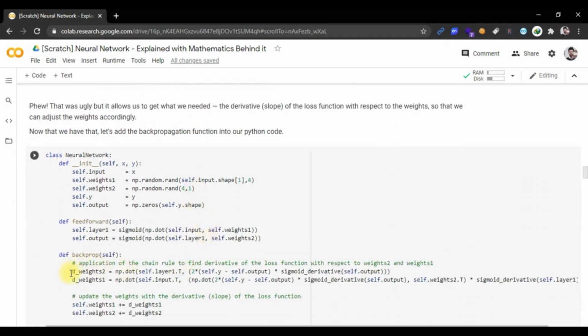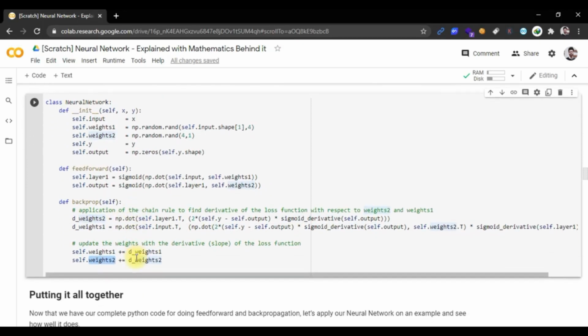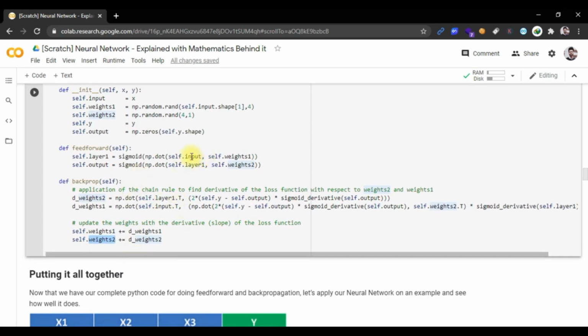Like here, the way to update is by this: it has the input layer, and I can use it to transpose, and then 2 into the actual output minus the predicted output, and then sigmoid of the output. So at last we just need to add those updated weights in place of our actual weights. In this way all your things can be done.